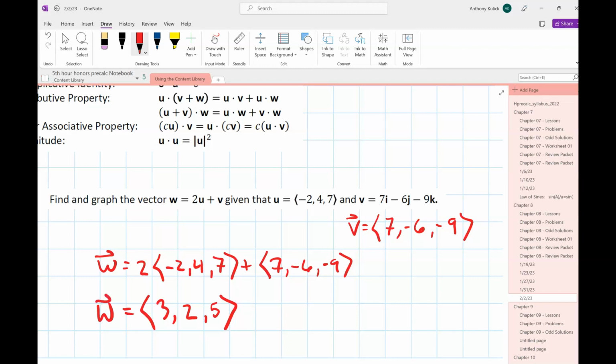So there's the find part. Everybody feel okay doing that? Super easy, right? Same thing that we've done in 2 dimensions.